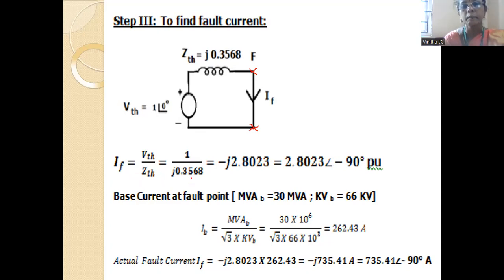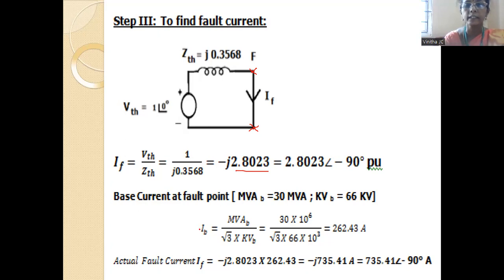So 1 divided by 0.3568 is 2.8023. If you take J from the denominator to the numerator, it becomes minus J. So J is equal to 90 degrees. So the answer is 2.8023 angle of minus 90 degrees per unit.